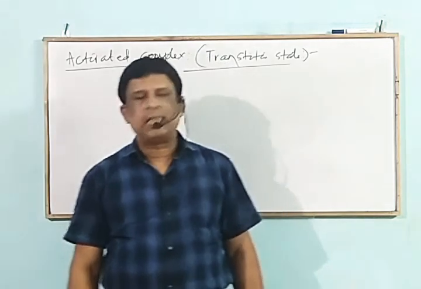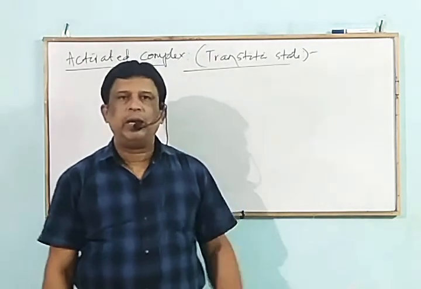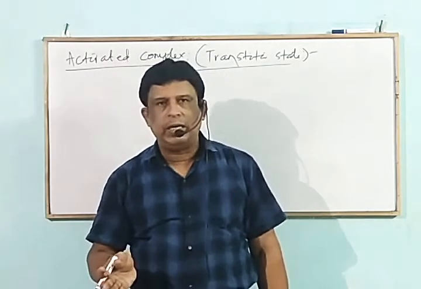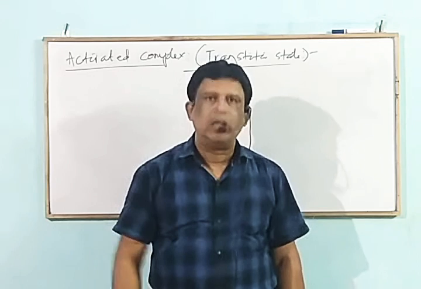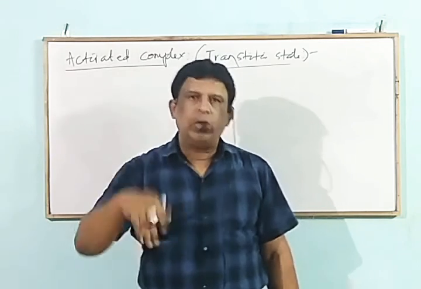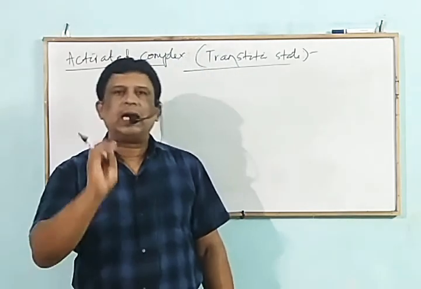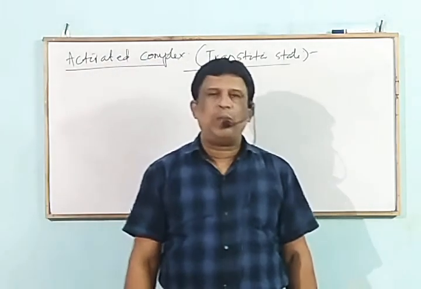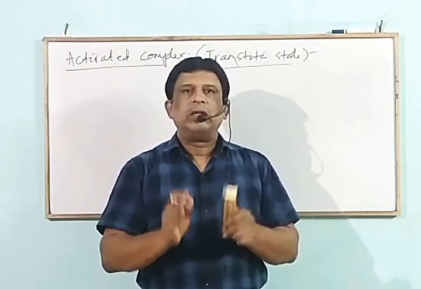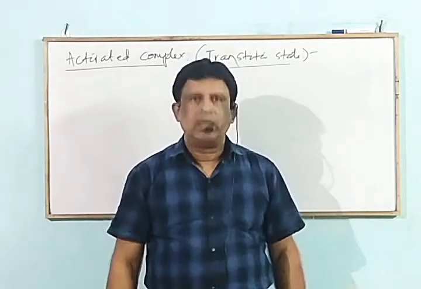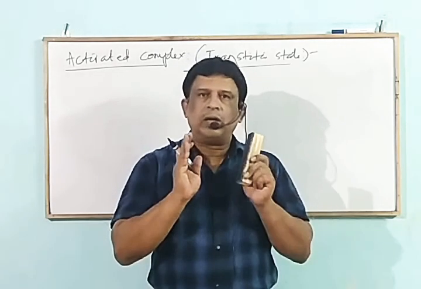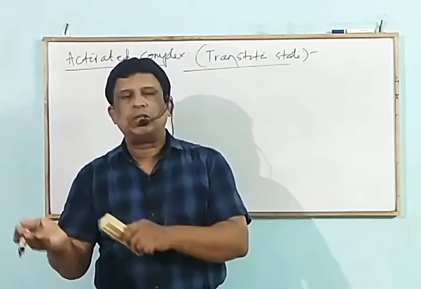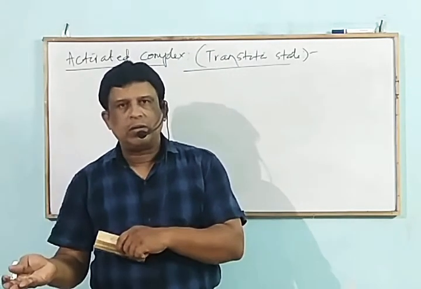As it is the highest energy state, as already covered in class 11 chemical bonding, energy and stability are inversely proportional. Higher the energy, lower the stability. So at that state a complex is formed, known as activated complex. At that time, two cases arise. If the reaction moves forward, then it jumps over the energy barrier to bring about the product.